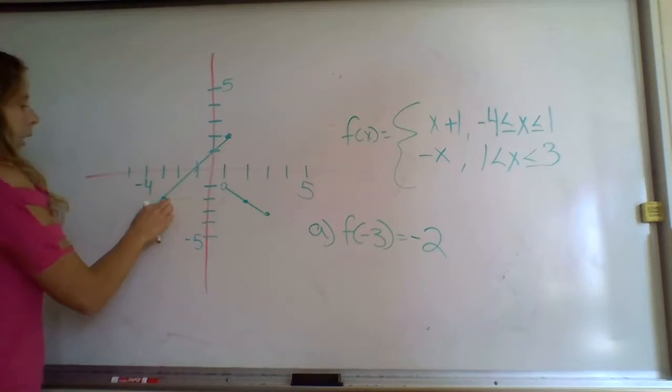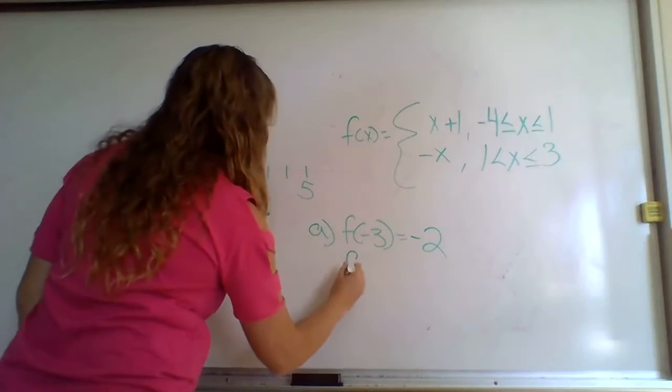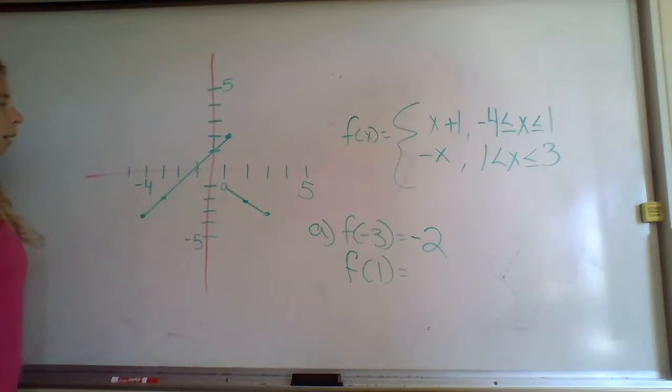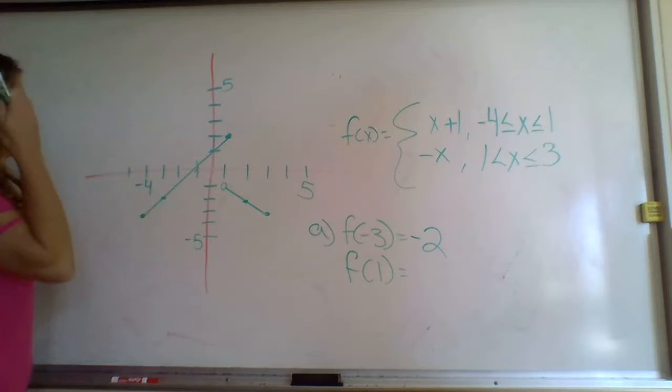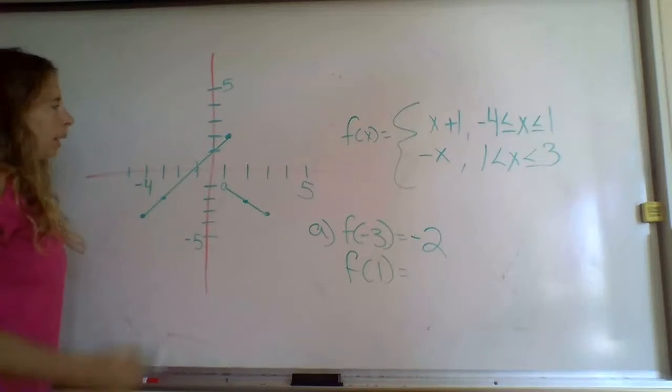Okay, so you're just looking at the graph. And then the other one, f of 1. So when x equals 1, what is y? So you're looking at your graph. You could also use your piecewise, but I think looking at the graph is easier.